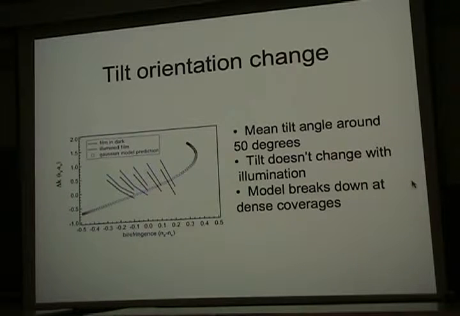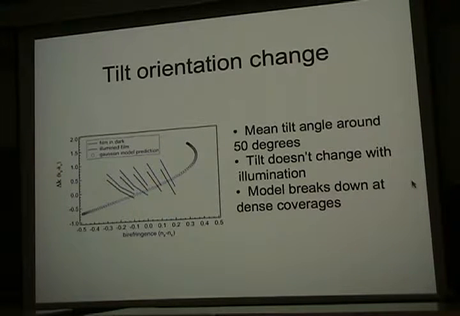The other thing the red and blue curves show, and remember this is for a dilute layer, is that the red curve is for the monolayer in the dark, and the blue curve is for the monolayer that's been illuminated. This microstructural analysis has been performed in both cases.